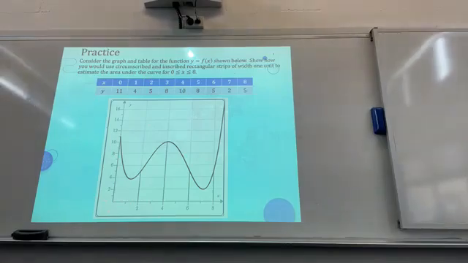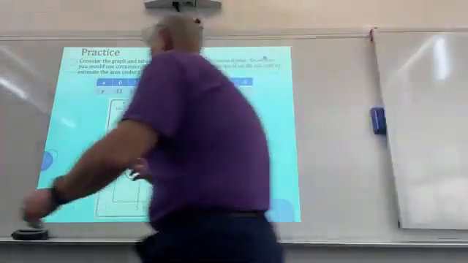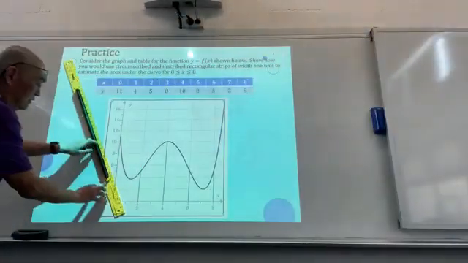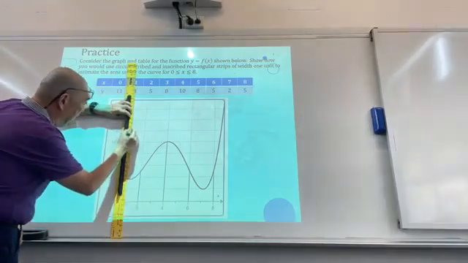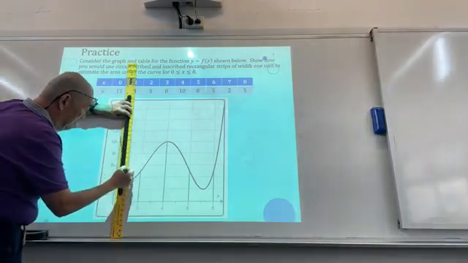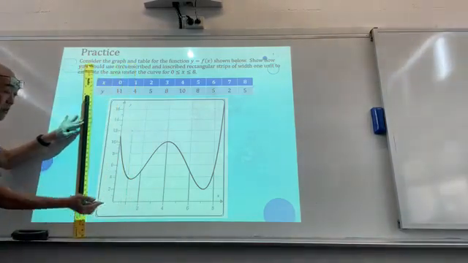My suggestion is, if you're not sure, you can always draw a dotted line up first. So for example, you could do something like this, just perhaps a dotted line. This is when x equals 1.